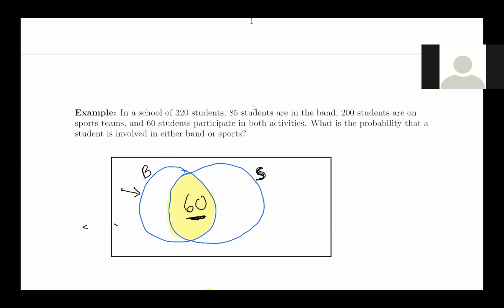So that means for this area on the outside are people who just participate in band. So they don't do sports, they purely just do band. So if I have 60 people who do band and sports, how many people just do band if I wanted to add up to 85?